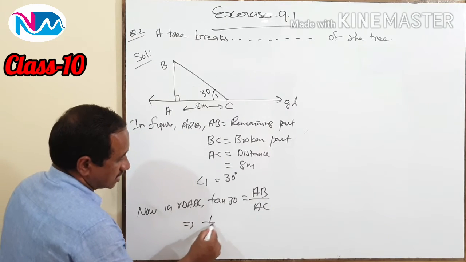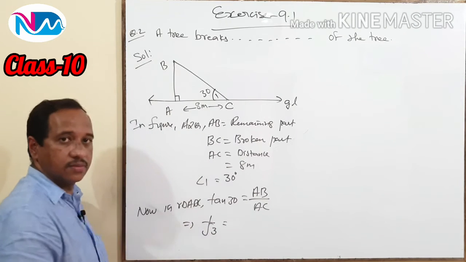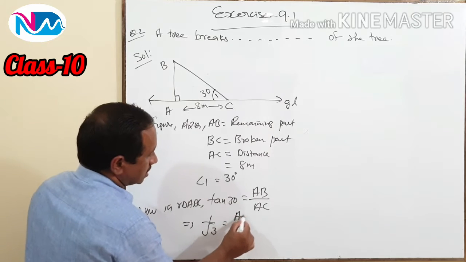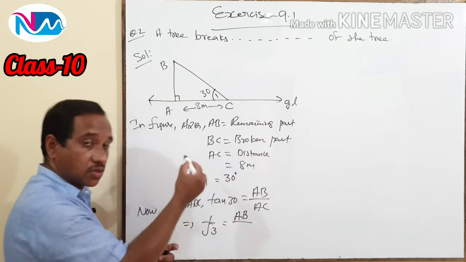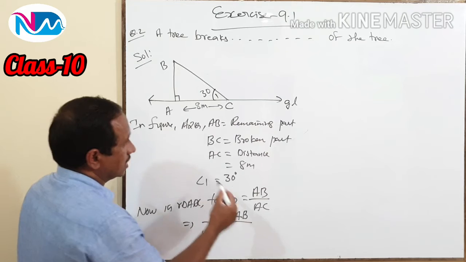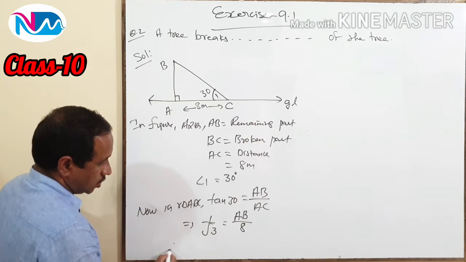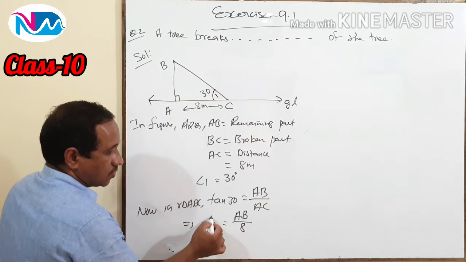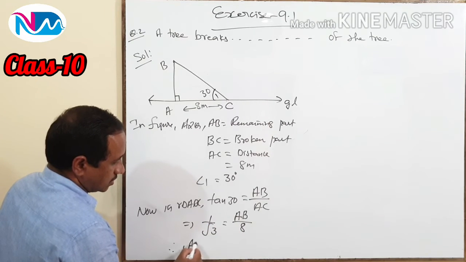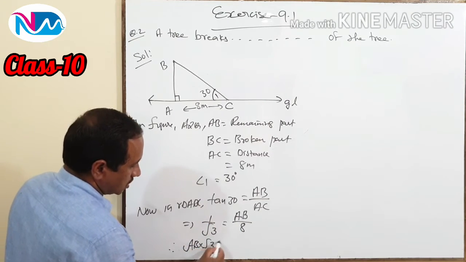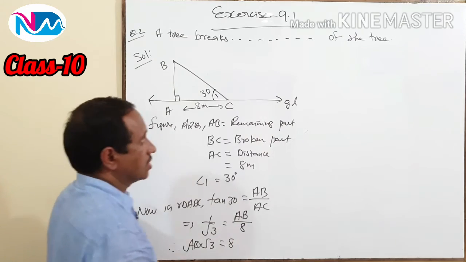The value of tan 30 is 1 by root 3 and AB is the remaining part of the tree by AC is 8. Cross multiplying you will get 8 into 1 is 8, AB into root 3. AB into root 3 is equal to 8.